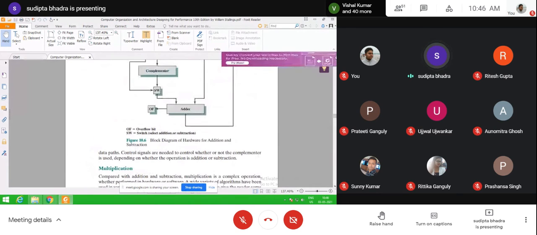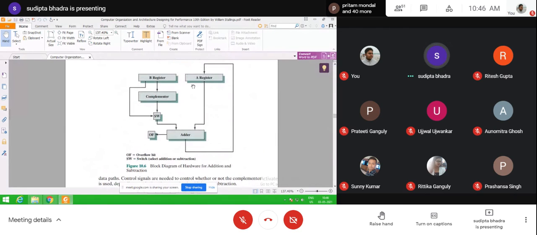This particular circuit diagram is for addition and subtraction. If you want to add, then you use this adder. The numbers are stored in the B register and A register. For addition, this complementer is not working.